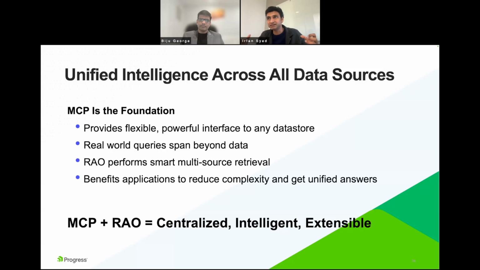If that's your use case, then go for RAU, which is Retrieval Agents Orchestrator, and it performs smart multi-source retrieval. It's very beneficial for applications to reduce complexity and get unified answers. At the end, I would say MCP plus Retrieval Agents Orchestrator is a centralized, intelligent, and extensible solution that we are powering from MarkLogic, and it would really help you build enterprise-grade solutions.